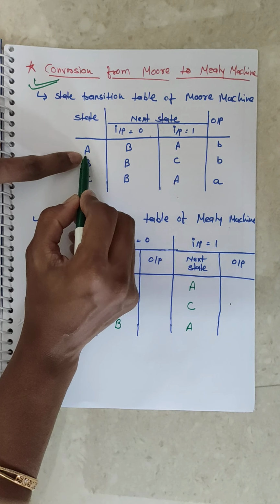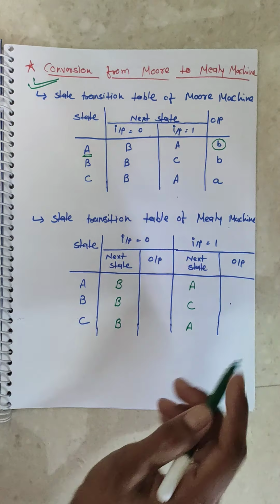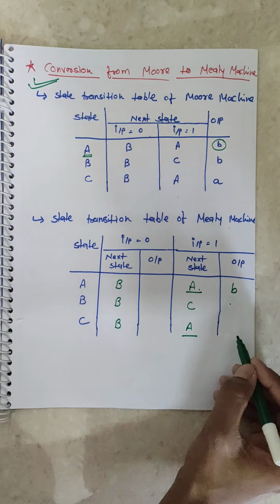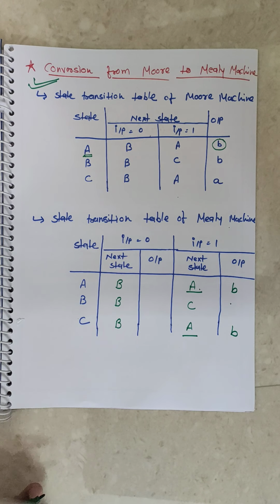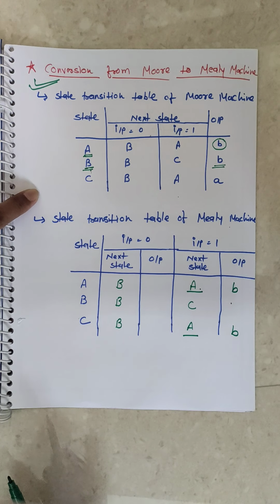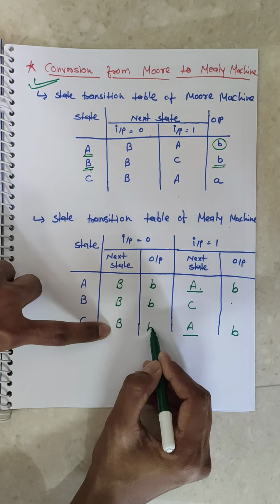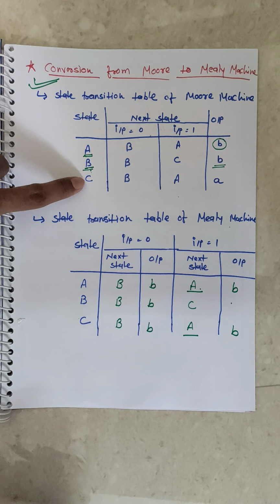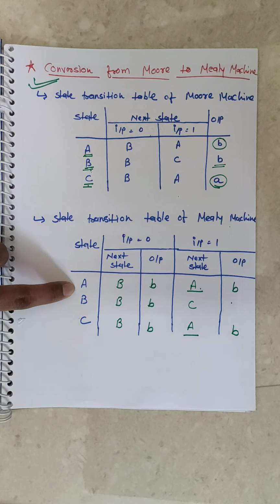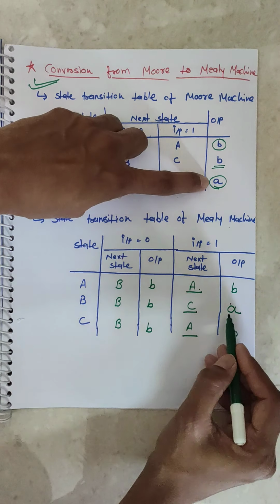Here we see that the output of the state A is B. So where we get the next state A, we have output B. So here and here, the output is B. Next, for state B, the output is B. So in this case, where the next state is B, the output is B. And for state C, the output is A. So we find where the next state is C. Here. So the output is A.